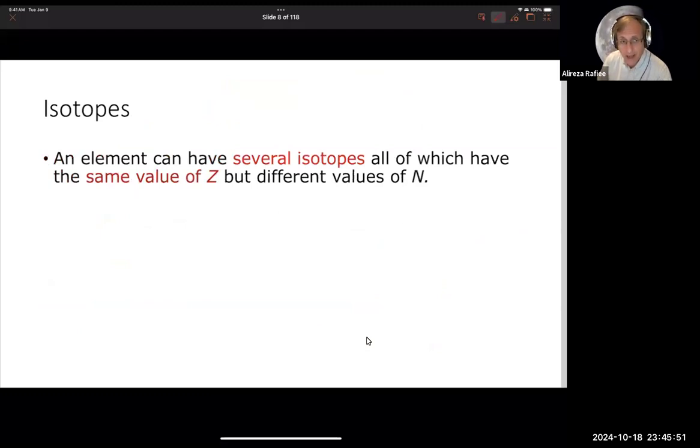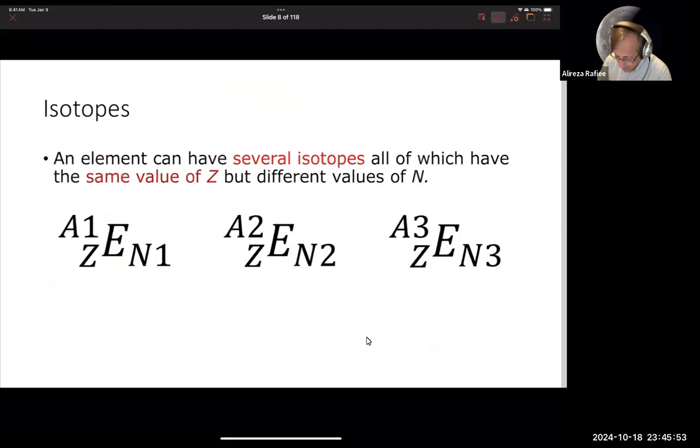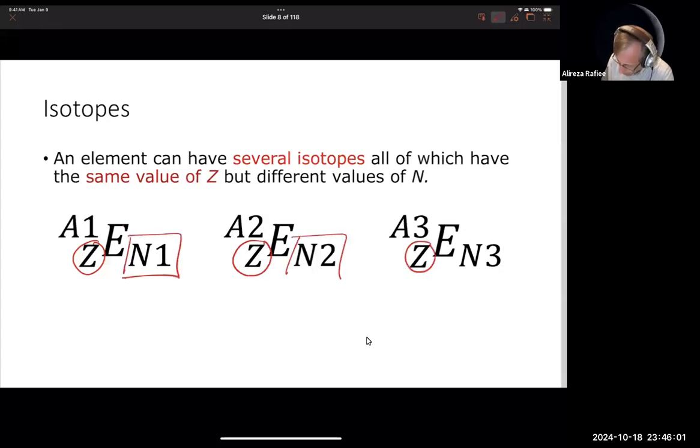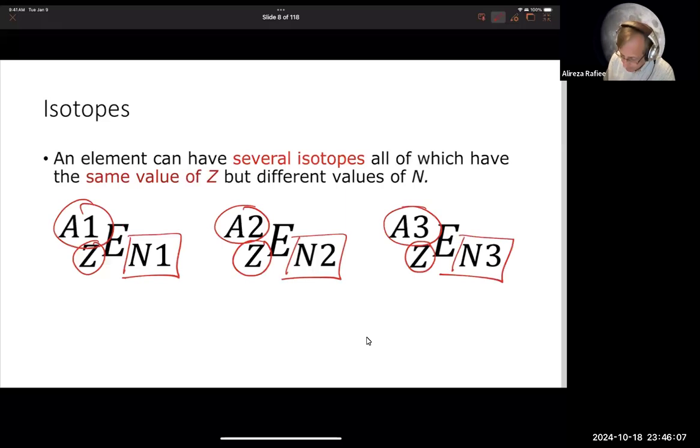So these are referred to as isotopes. For example, this element E has the same number of protons, Z, but the number of neutrons is different, N1, N2, and N3. And so as a result, the mass number is different.